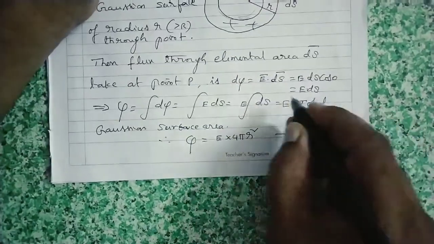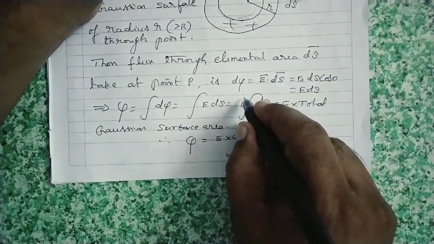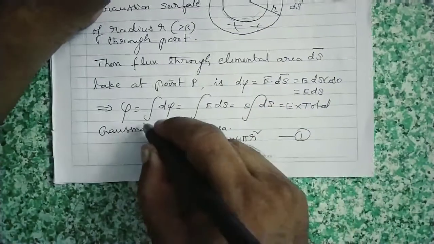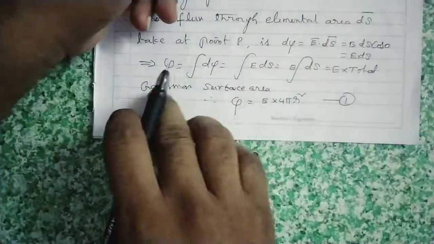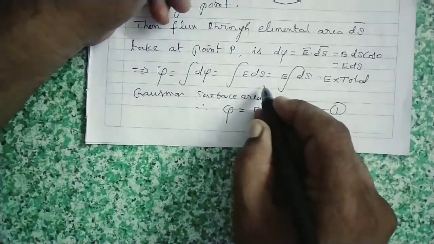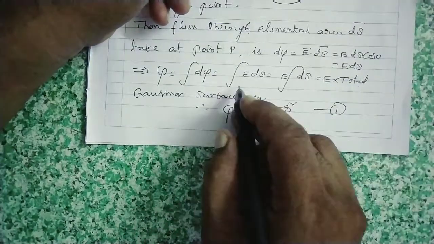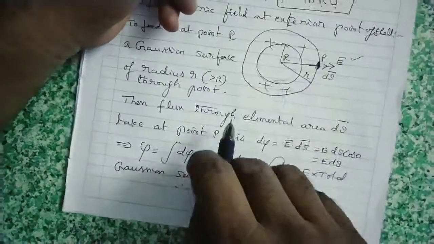After finding the flux through the elemental area dS, if you integrate this, you will get the total flux diverging from the complete Gaussian surface. That's why the total flux phi is equal to integral d phi, that is integral E dS, because the d phi value we got is E dS. Then E will remain constant here. Constant means in magnitude.